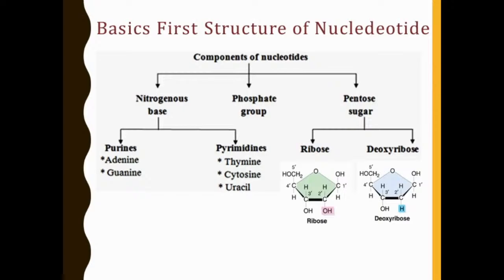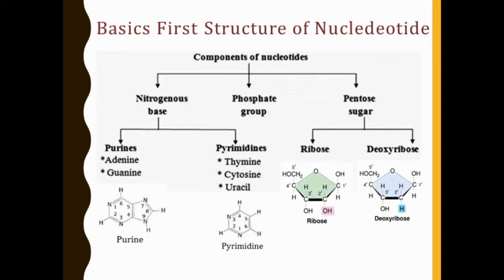Now the nitrogenous bases. Two types of nitrogenous bases, pyrimidines and purines, exist. Here we have shown the skeleton structure of these nitrogenous bases. Purine is a heterocyclic ring of 9 atoms of carbon and nitrogen, whereas the skeleton of pyrimidine is a heterocyclic ring of 6 carbon and nitrogen atoms.